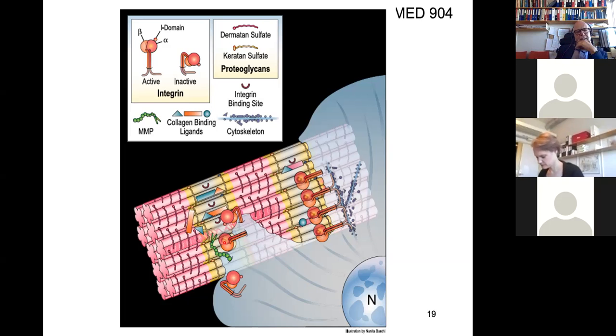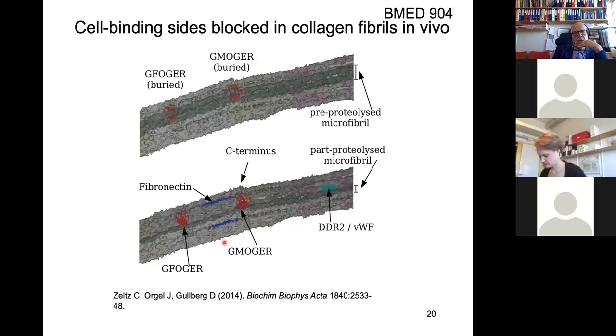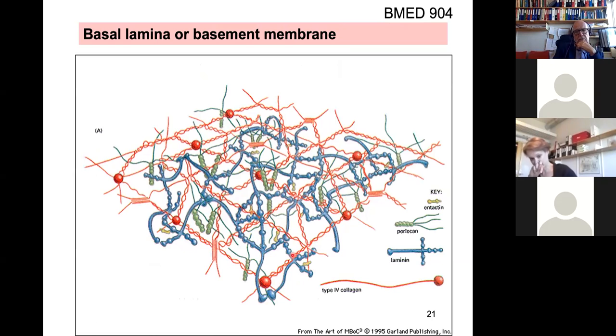So in the end, there's not that much room for integrins to bind in mature tissues. This is what we said, that maybe you need partial proteolysis, or you need the collagen to be freshly synthesized, in order for collagen binding integrins to be active.